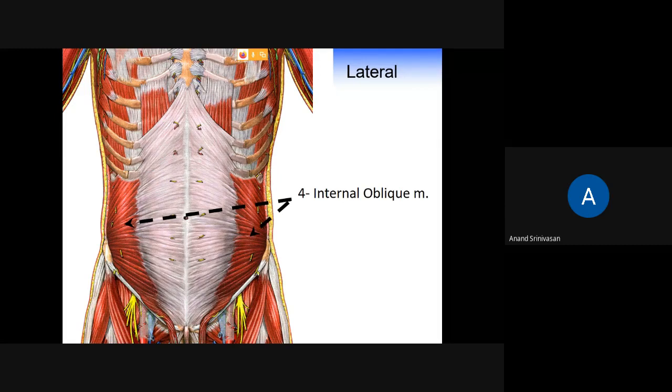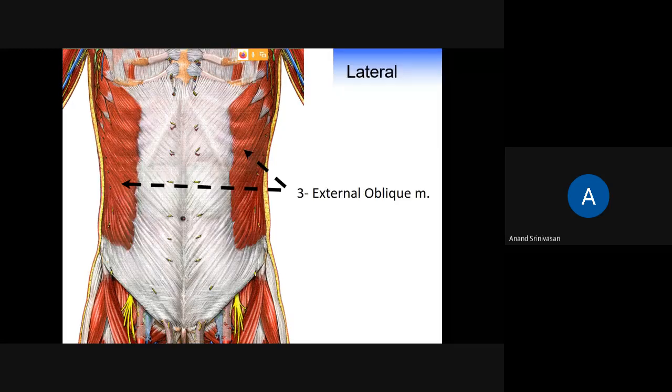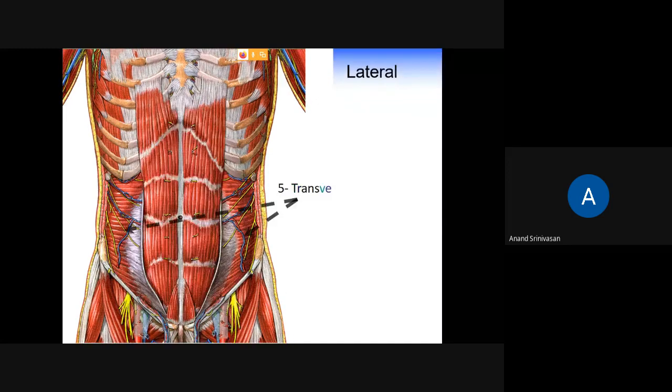Similarly, nature has provided the abdomen with three abdominal muscles so that it can hold the abdominal organs within the abdomen and they cannot herniate. So external oblique, internal oblique, and transverse abdominis.